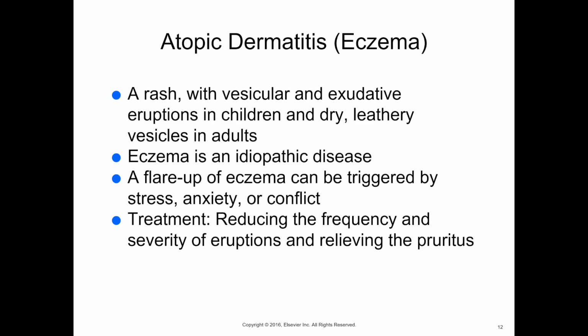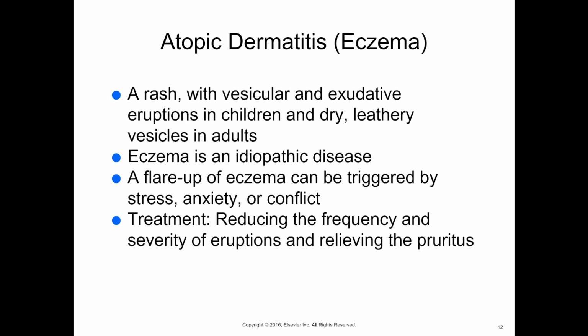Eczema, atopic dermatitis. This is chronic inflammation that typically is related to family history when you have a family that has lots of allergies. There's typically a characteristic pattern of rash on the face, but you can also see it in the neck, elbows, and trunk of the body. It is considered idiopathic, and it has lots of different contributing factors.